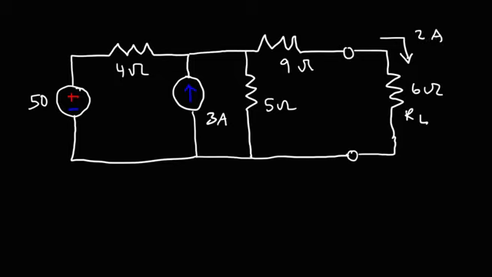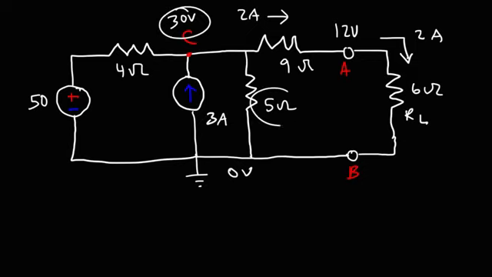So if this is the ground potential at 0 volts, 2 times 6 will give us a potential at point A, which will be 12 volts. And we said this is point C. Now we still have 2 amps of current flowing through the 9 ohm resistor. So 9 times 2 is 18. Add 18 to 12 gives us a potential of 30 volts at point C.